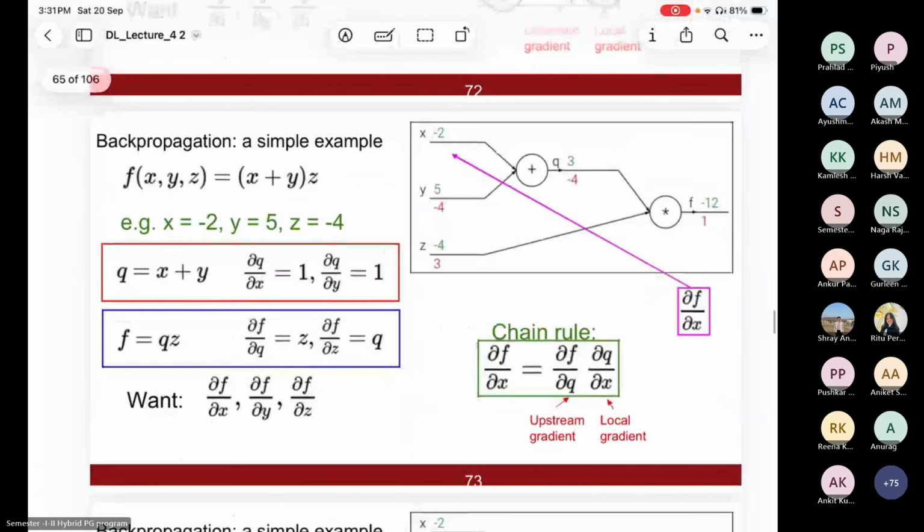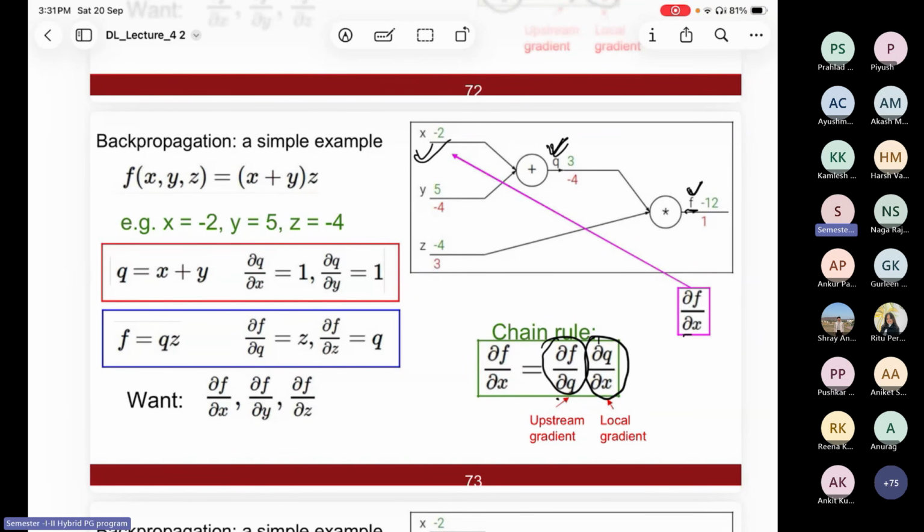Okay. Now we have to find the same thing with respect to x. So if I write del f by del x, you can now easily calculate. So you know that we have to find del f by del f first, but that is the base condition, just ignore it. So we have to find del f by del q and then del q by del x.